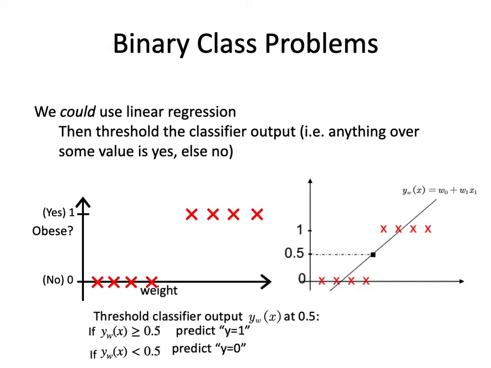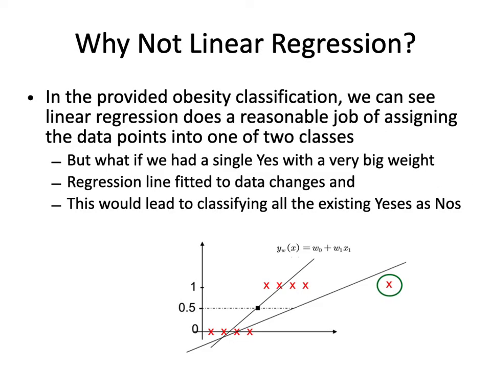Similarly, all the observations above the threshold will be classified as 1, which means these people have obesity, as shown in the figure. So it seems like this model has worked in this scenario. In the provided obesity classification, we can see linear regression does a reasonable job of assigning the data points into one of the two classes.